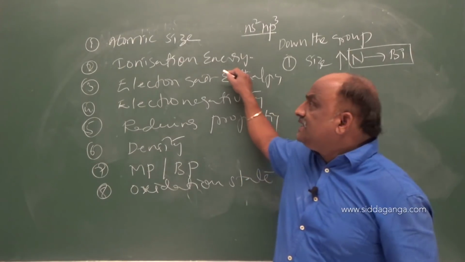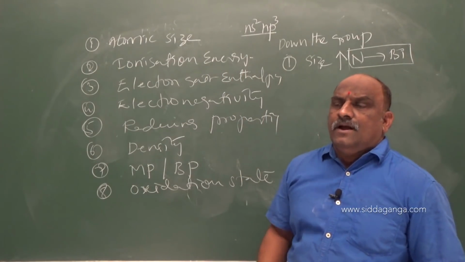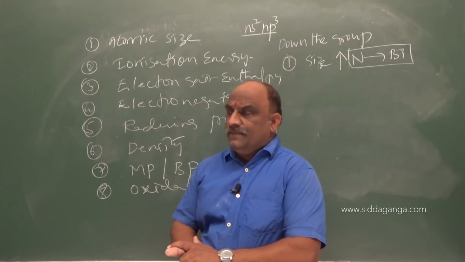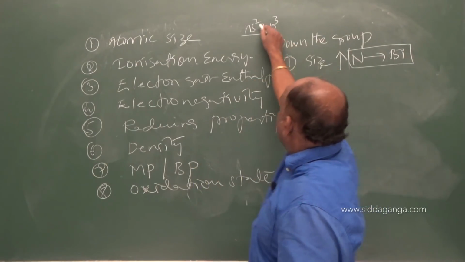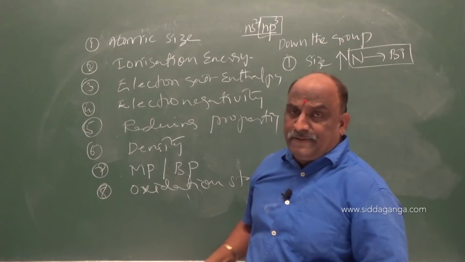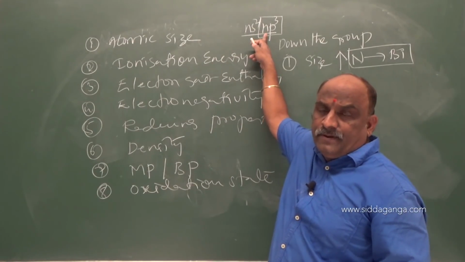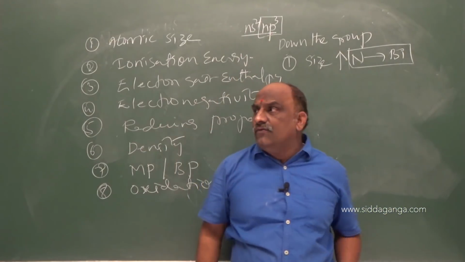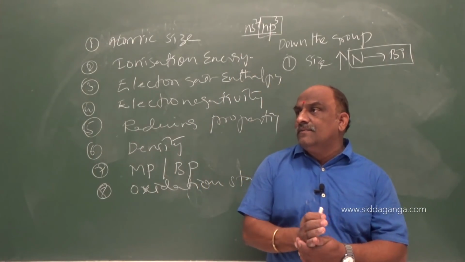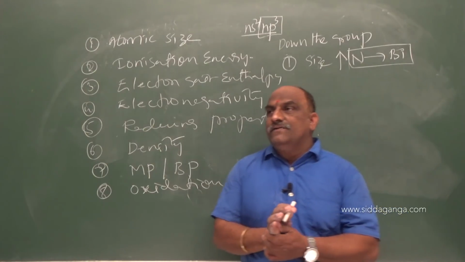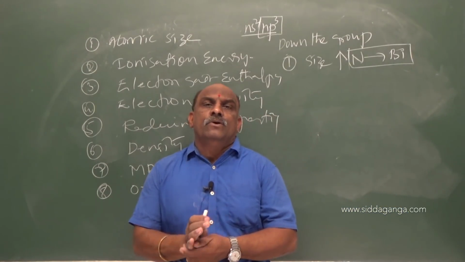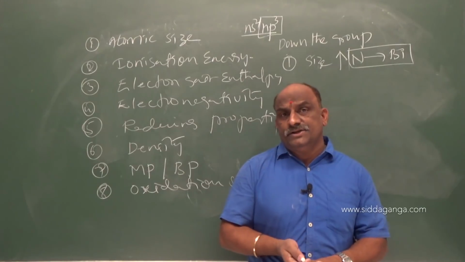While coming to the ionization energy, we know that the configuration is ns2np3. ns2np3 means the p orbital is half filled. In atomic structure we know that half-filled and fully filled electronic configurations are more stable than partially filled configurations.